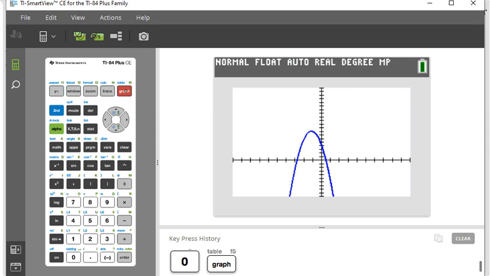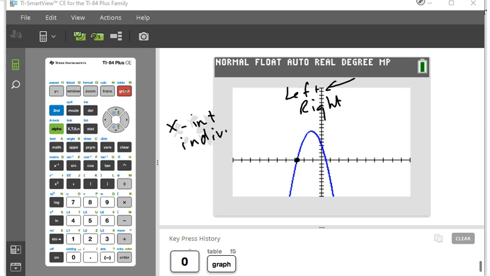Now, this can be a little tricky for students, and here's why. It's going to prompt us. We have to do each x-intercept individually, one at a time. It's going to prompt again, left bound, right bound. What you have to understand is, if I want left bound, I want to be on the left side of my x-intercept. In that case, where would I put my cursor? My cursor would have to be below because that's going to move me a little bit left.